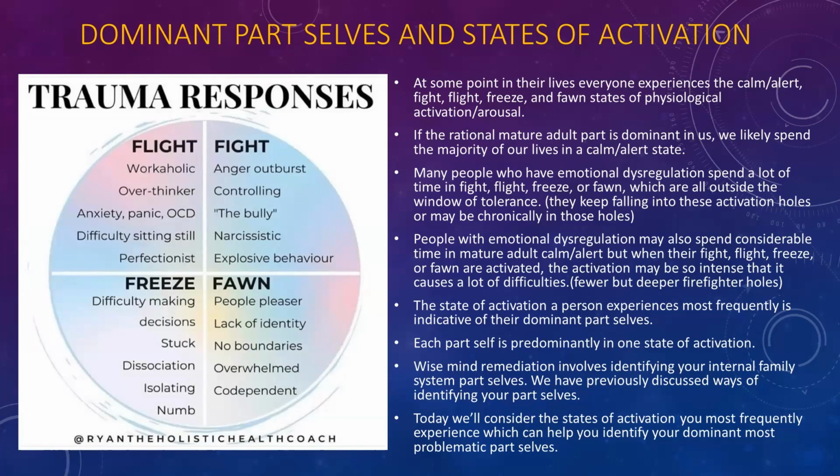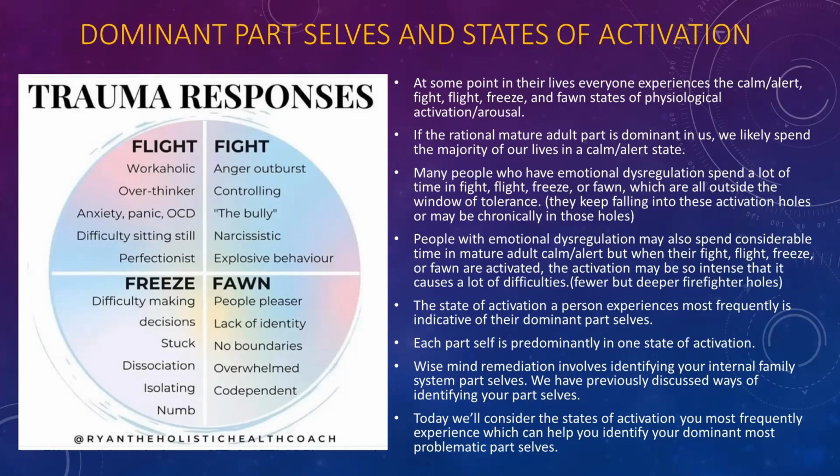Understanding that there can be internal family systems part selves that dominate the personality helps us understand why people find themselves chronically in these different states of activation. It also tells us that we may have to pay particular attention to those dominant parts as we embark in the process of healing.